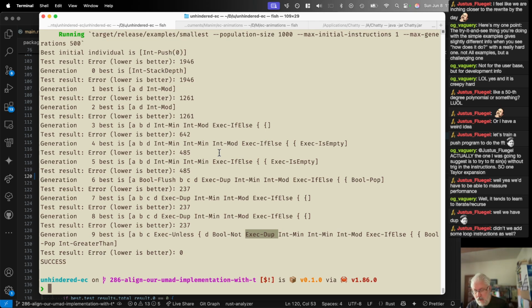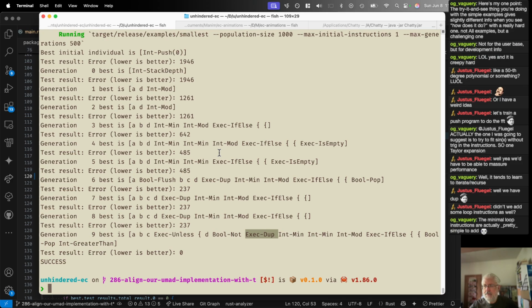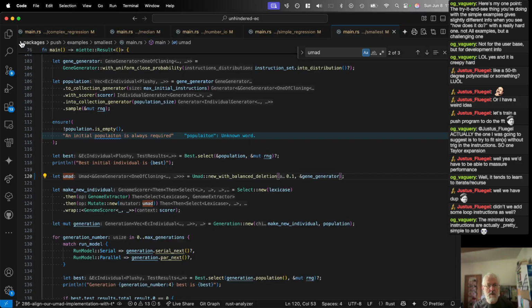So before we say anything too loud about how much faster this is, we probably really need to have a more comparable instruction set, because the instruction set can definitely impact performance. So, no, we actually don't. I don't think we have any looping instructions.